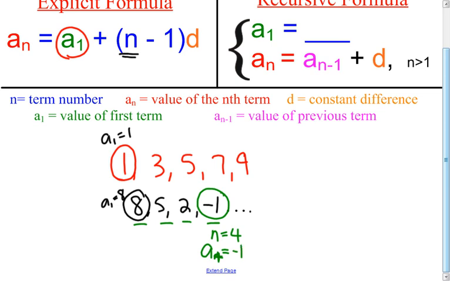If I look at this one right here, it's in the 3rd spot, so n is 3, but then a3 is 5. Okay? So, just so you know that. And your d is your constant difference, and that's what you're adding or subtracting every time. In the top sequence, my constant difference is 2. In the bottom sequence, my common difference would be -3. Okay? And we will talk about this as we move on here and figure out how to do this. Okay?